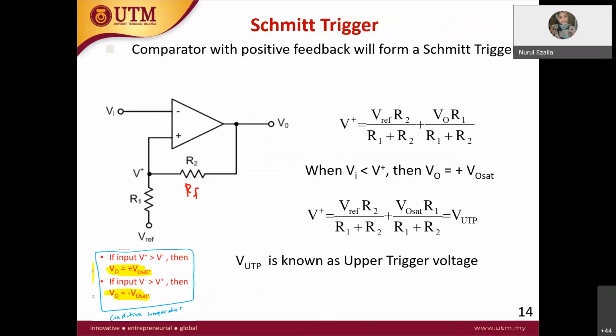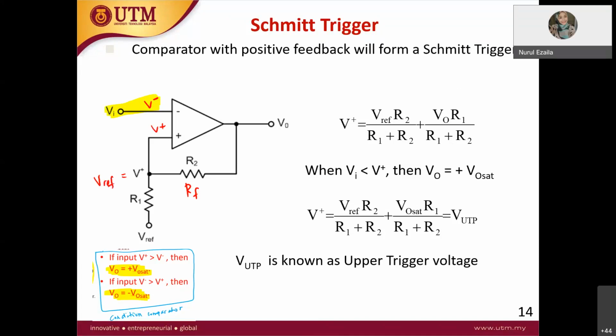Okay, so this is the circuit, and in here you also have V reference. As you can see, this is V minus, which is connected to your V input, and you also have V plus, which is connected to your V reference.